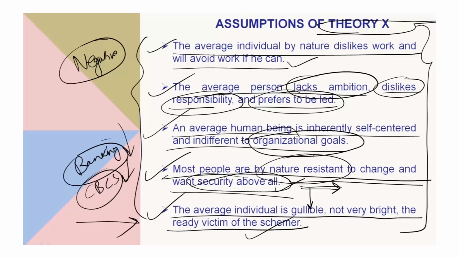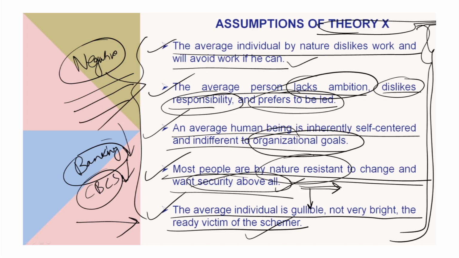So these assumptions were there, and based on these assumptions Theory X was propounded. McGregor identified these behaviors being exhibited by the employee, and this shows the negative approach of the management towards the employee.